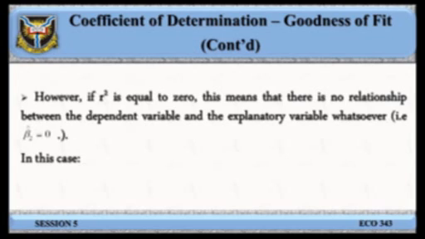In this case, y estimator is equal to beta 1 estimator plus beta 2 estimator xi, which is equal to (y bar minus beta 2 estimator xi bar) plus beta 2 estimator xi, where beta 1 estimator is equal to y bar minus beta 2 estimator xi bar.